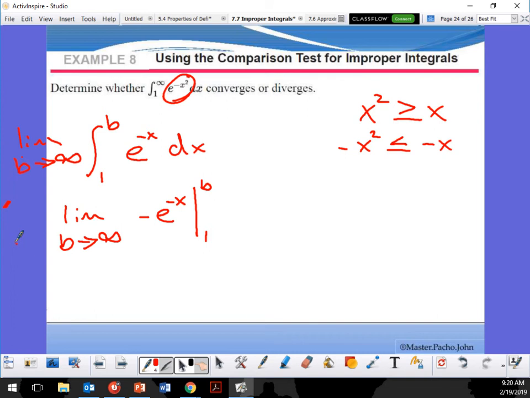So now start plugging them in. I haven't taken the limit yet, but I'm just putting it back in, so it's going to look like negative 1 over e to the b minus negative 1 over e to the 1, right?